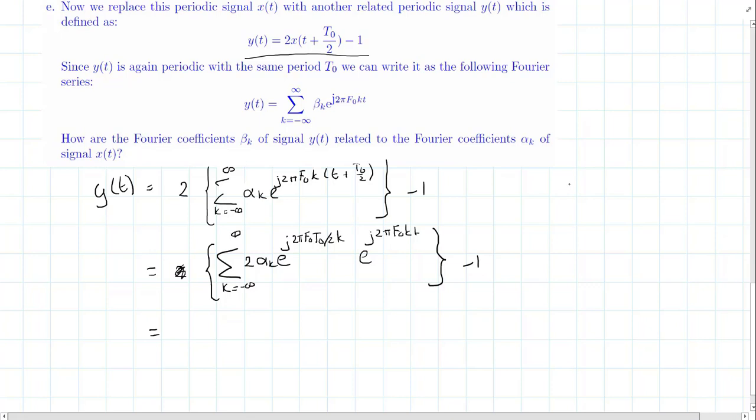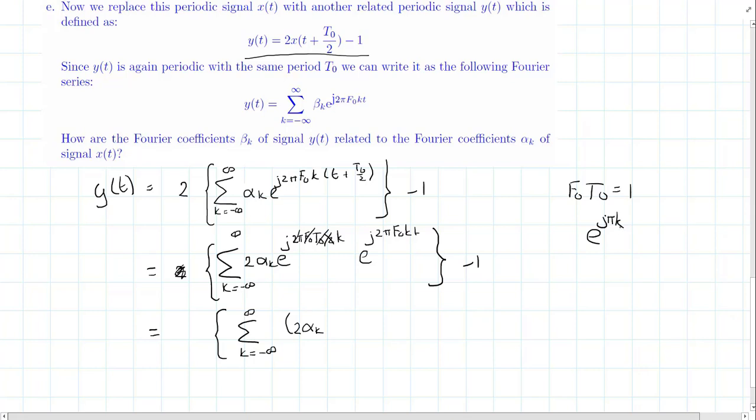We know that f0 times t0 is equal to 1, so those two cancel out. The same goes with the 2's, the factor 2 will also cancel out, and we will be left with the summation of k is equal to minus infinity to infinity, 2 times alpha k e to the power j pi k.